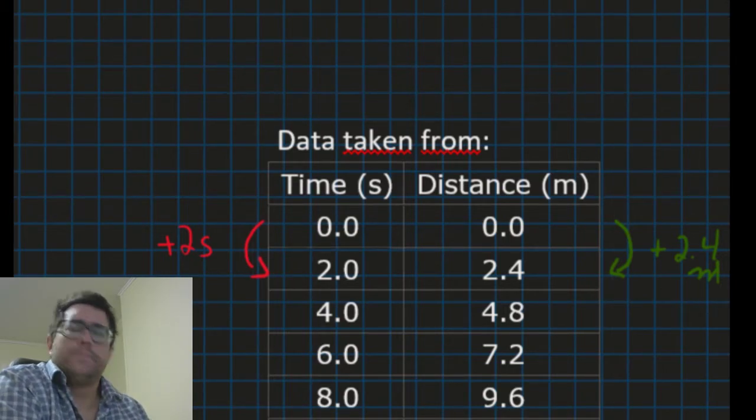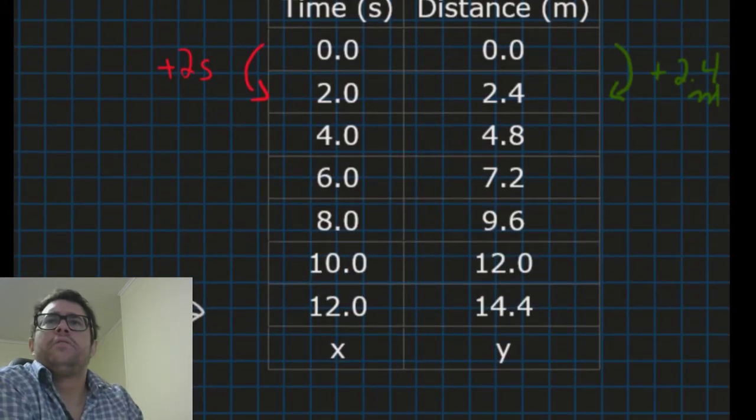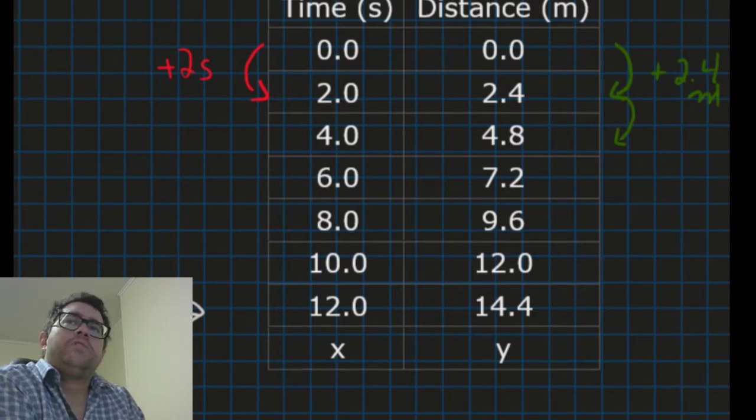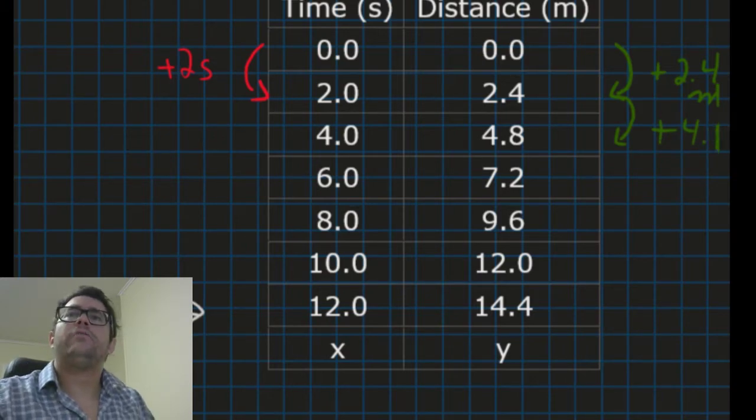You're right. Let's continue. From this point, this is important what we're doing right here. From this point to this point, how much did it increase in distance? So we just do this minus that. 4.8 minus 2.4 is plus 2.4.